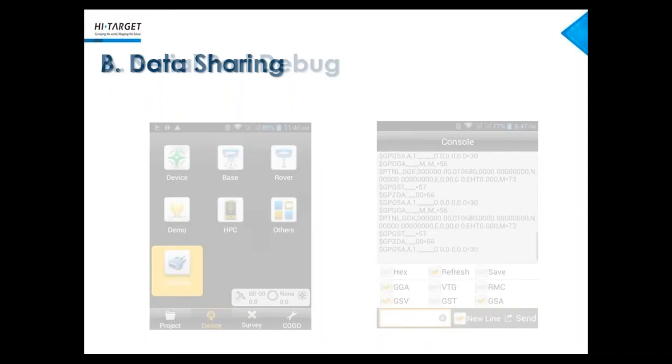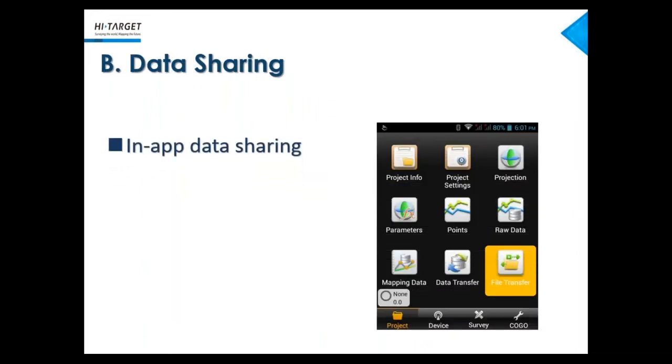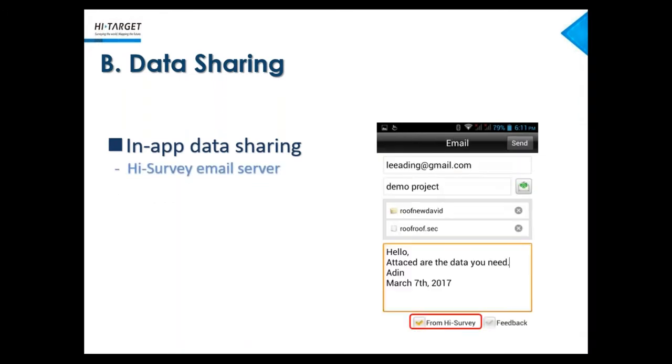Part B is for the data sharing. We have the in-app data sharing in the Project tab. Click File Transfer and choose the files which you want to share. You can use the HiSurvey email server, you're welcome to use that. And if you want to use your own, then just untick it.